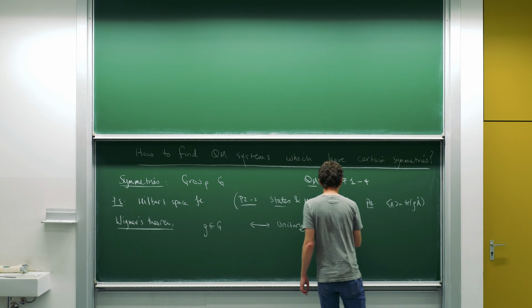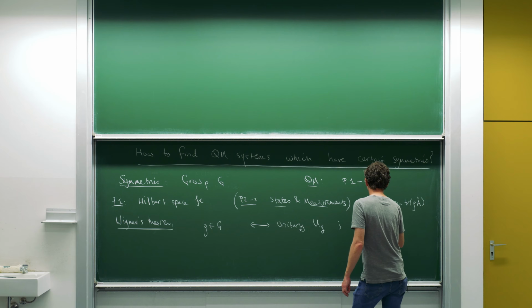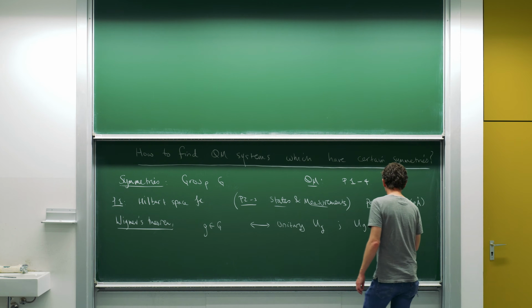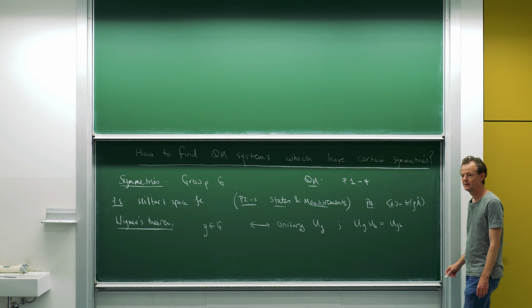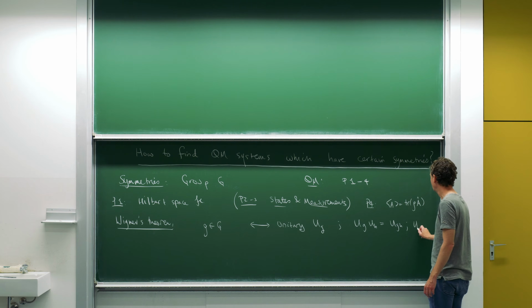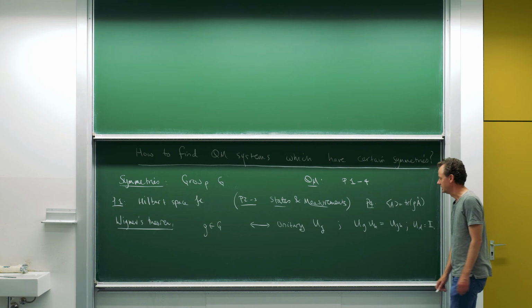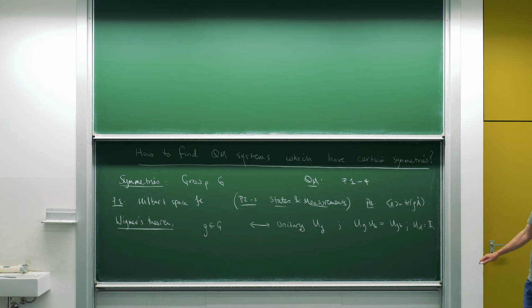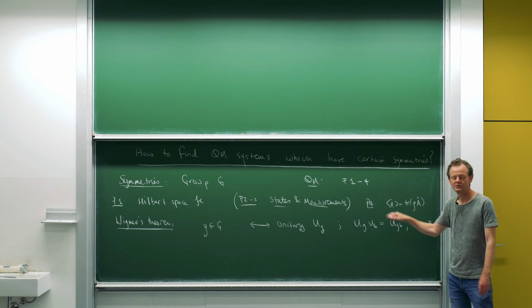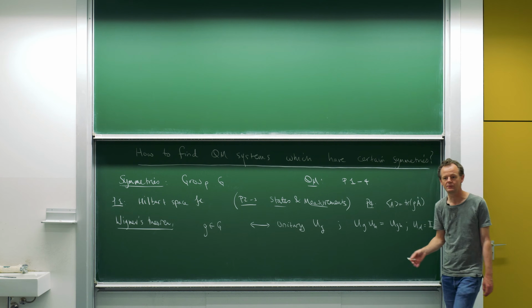And furthermore, if you do one then the other, it better be the same as doing the composite. And U of the identity had better be the identity. So these U's give us a representation of the group. That's these things that we've been looking at now for a couple of weeks.